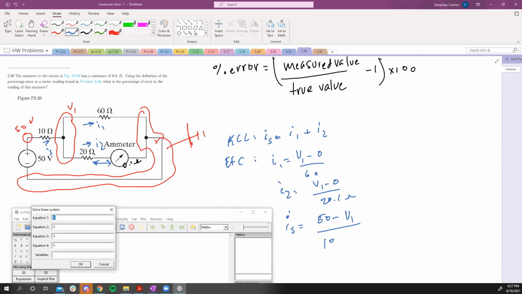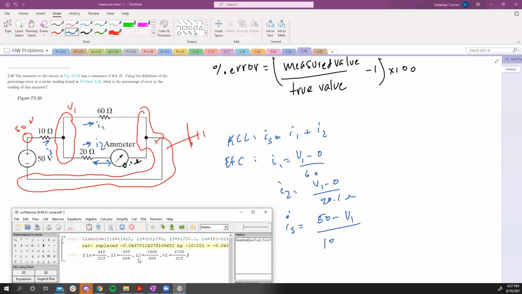So then I want to find I2. I1 plus I2 equals, I1 equals V1 over 60. I2 equals V1 over 20.1. And IS equals 50 minus V1 over 10. And then the variables would be IS, I1, I2, and V1.